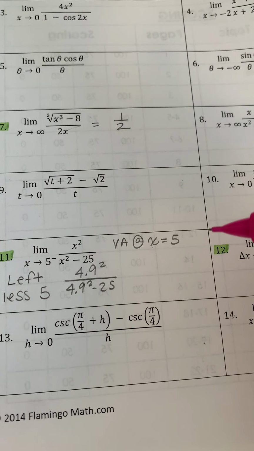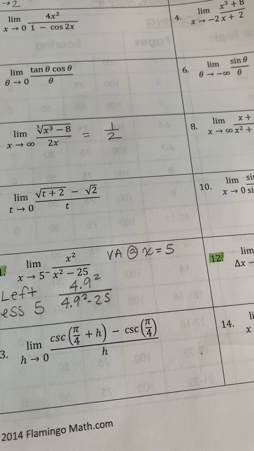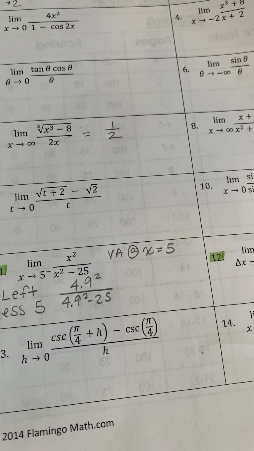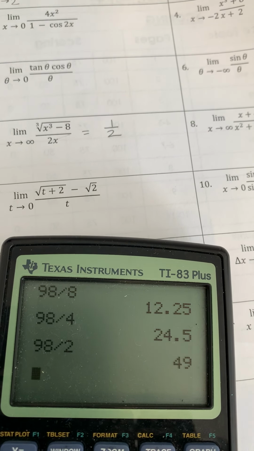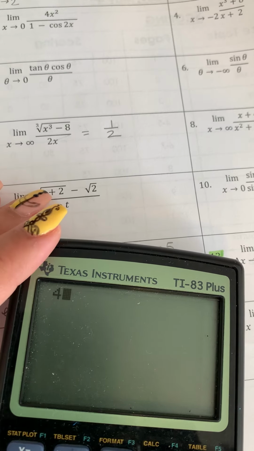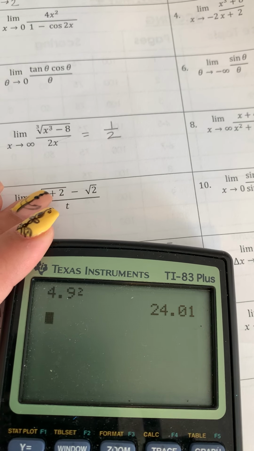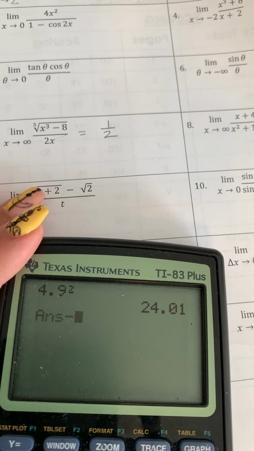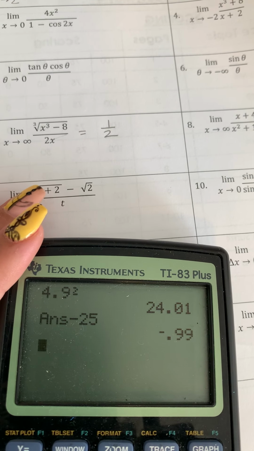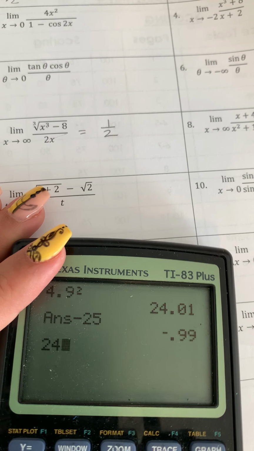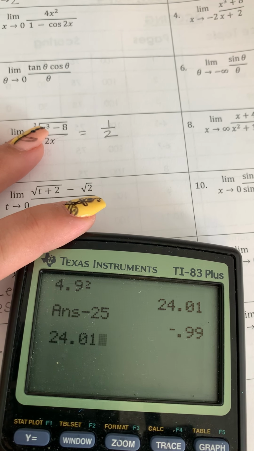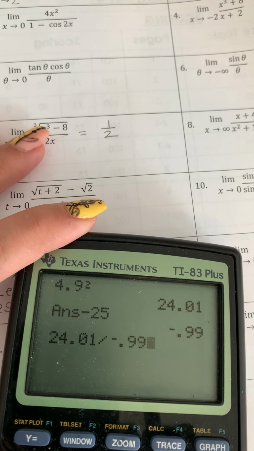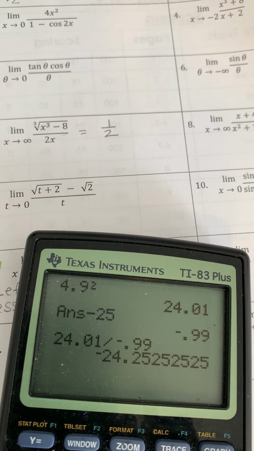Let me grab my calculator. 4.9 squared gives me 24.01. Subtract 25 from that, so I would have 24.01 divided by negative 0.99, and I get about negative 24.